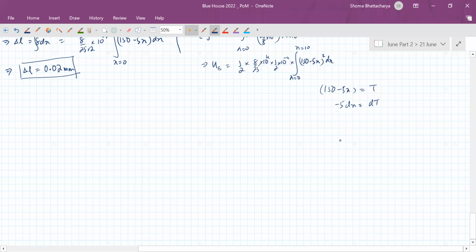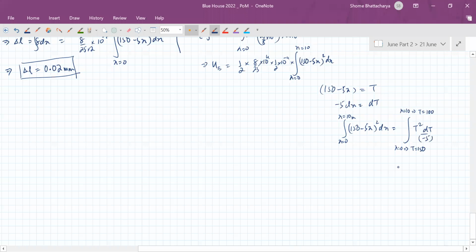So this integration of x equal to 0 to x equal to 10 meters of (150 minus 5x) whole square dx can be treated as t square into dt upon minus 5. From x equal to 0, t is equal to 150, to x equal to 10, t is equal to 100. Okay, so it will become like this.